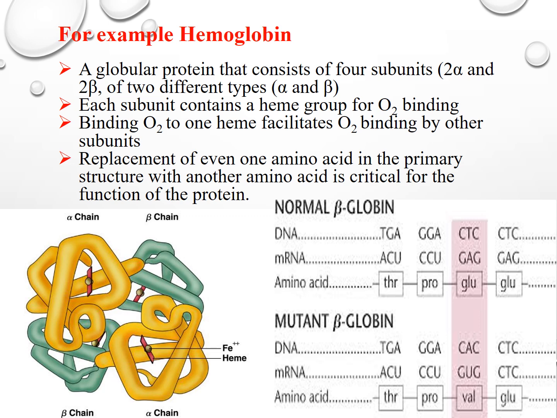When there is alteration at the genetic level, the messenger RNA gets the wrong signals. So instead of forming glutamate, it forms valine. So when this process continues, an abnormal amount and quality of polypeptide chain is formed.